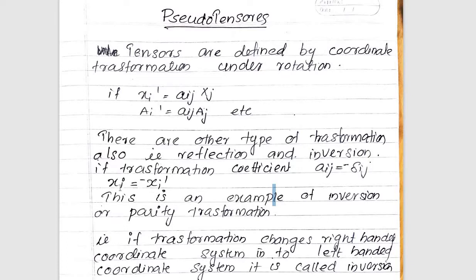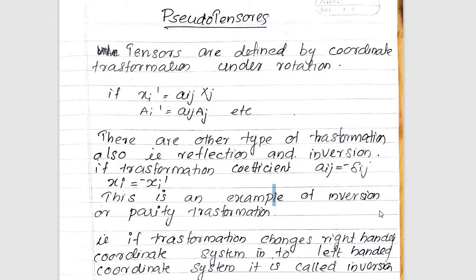So this is an example of inversion, where the coordinates change into minus of the original coordinates. If the original coordinates are x1, x2, x3, the transformed set of coordinates will be minus x1, minus x2, minus x3.